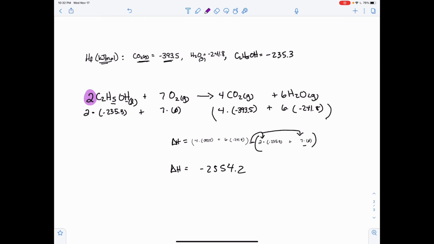Okay, so now that we have a total amount here, I just want to point out that this has a 2 here. And remember that sometimes we can write the coefficients for these hydrocarbon reactions as a fraction. That's actually fairly accepted. So that's like saying 1 of these, 7 halves of these, 2 of these, and 3 of those.